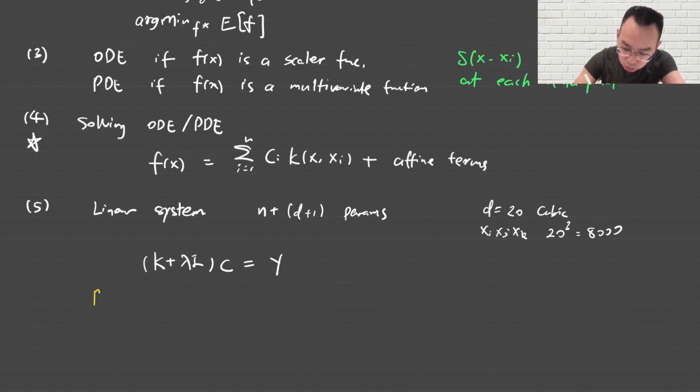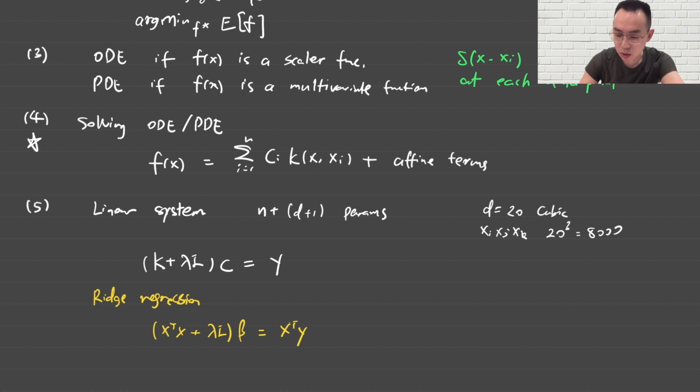Recall that ridge regression has this closed form solution: (X transpose X plus lambda I) beta equals X transpose y. So that is our ridge regression problem, and it actually looks a lot similar to this kernel problem, except that we are replacing the design matrix with the kernel function. So that's something very important. And I'm just going to talk about that in the next few videos.